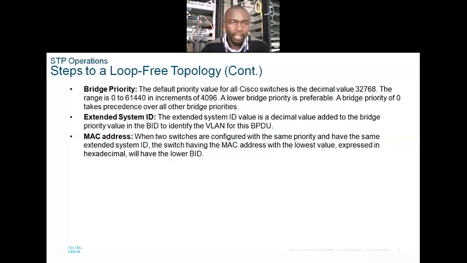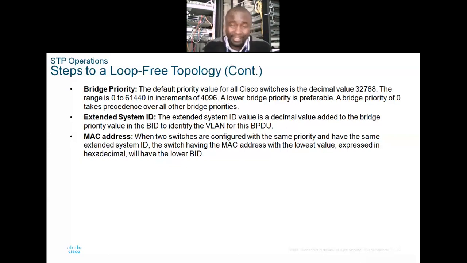Remember that you have the bridge ID as the MAC address of the bridge and the priority value, and this priority value ranges from 0 to 61440. The switch is going to assume any of these values unless you decide to assign it.